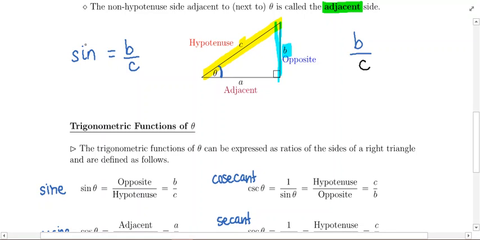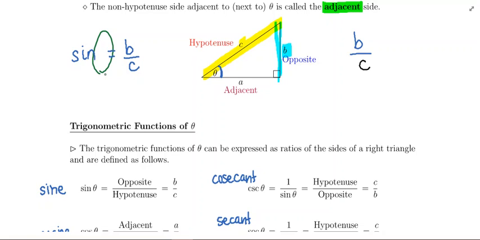So when you write down sine, you absolutely have to have the angle right after it, because if you just wrote the little code for any of these trig functions and didn't write the angle, that doesn't make any sense. It has to be the sine of the angle, or the cosine of the angle, or the tangent of the angle. It is an operator. It operates on an angle.